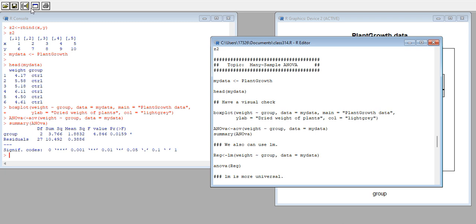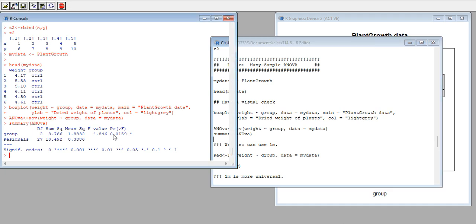So this is the result from ANOVA. We just check this p-value. The p-value is quite small, so we can say the difference is significant. Different groups have different weight.